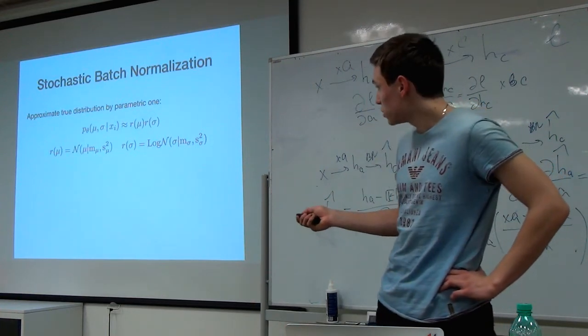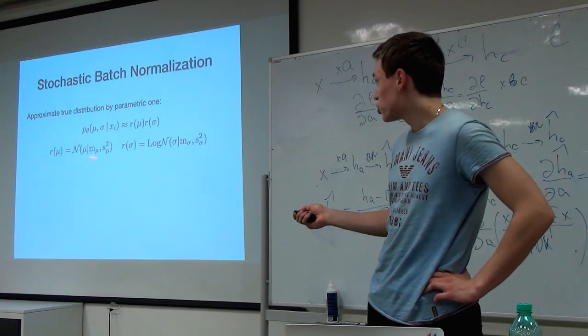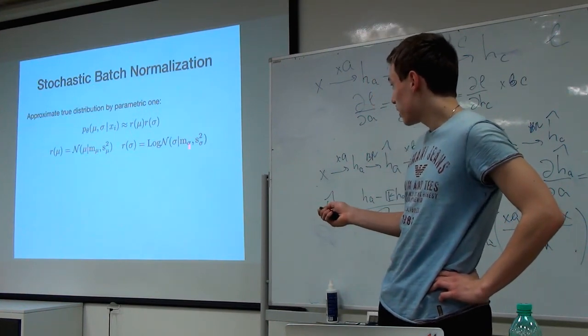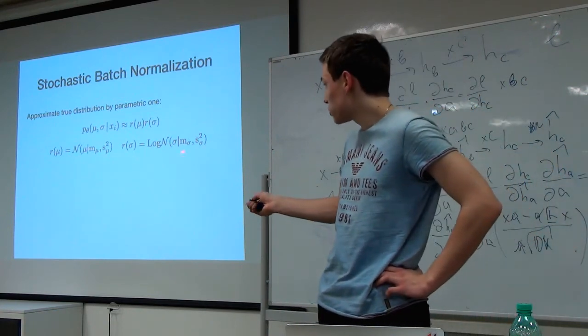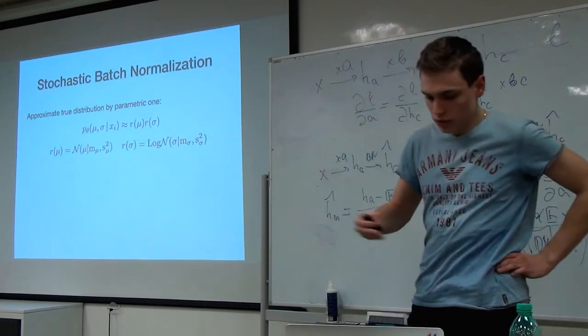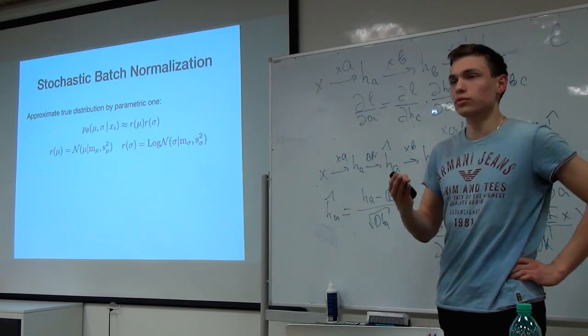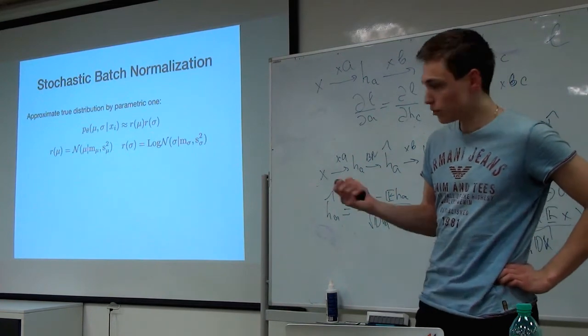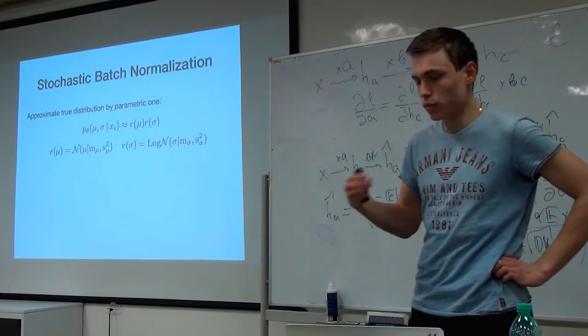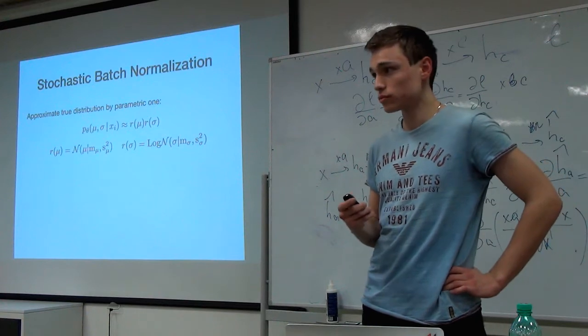Okay, and we will adjust these parameters, and on the inference stage we need just a sample from this distribution, and we don't need to pass entire batches through the network for Monte Carlo estimation.